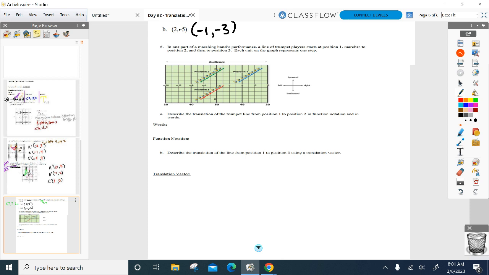So up, forward, left, right, back. What are we doing to get from 1 to 2, and how many units is it taking? And then we'll go to function notation.